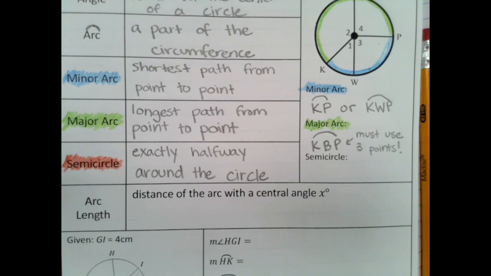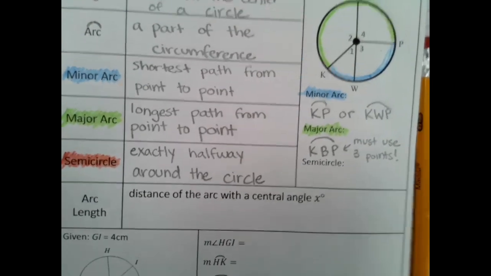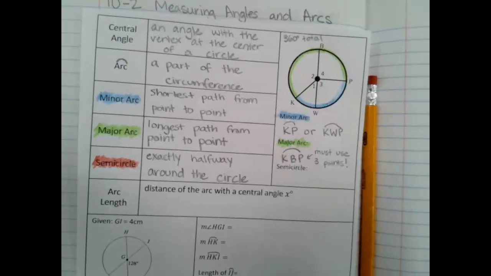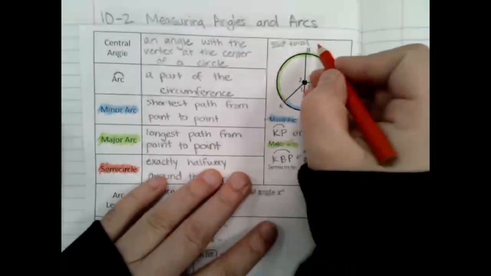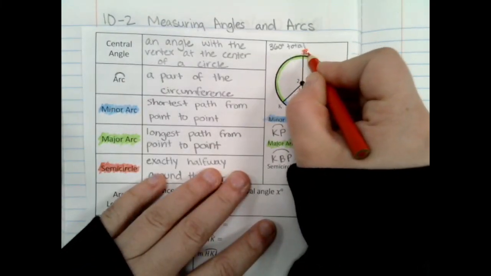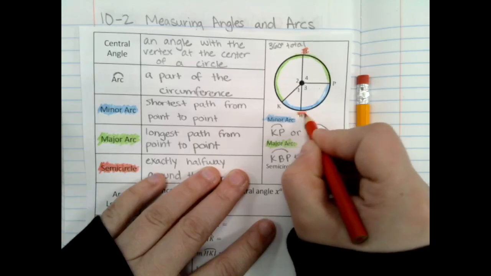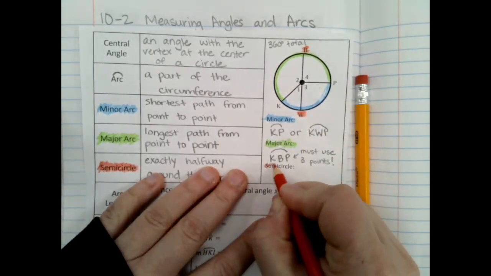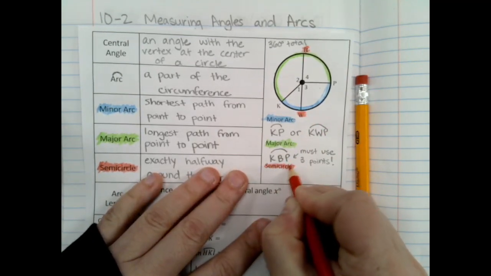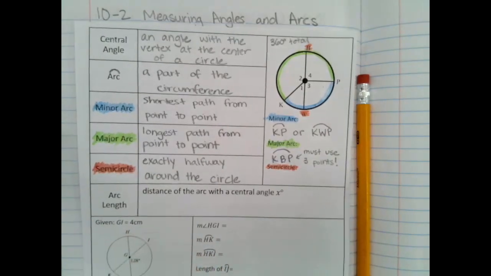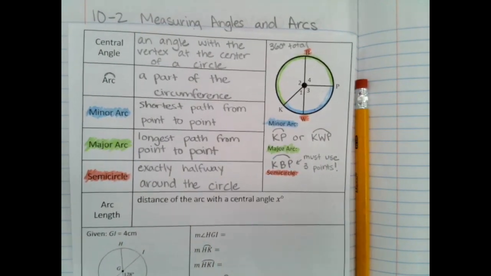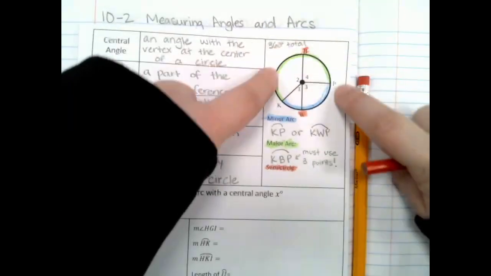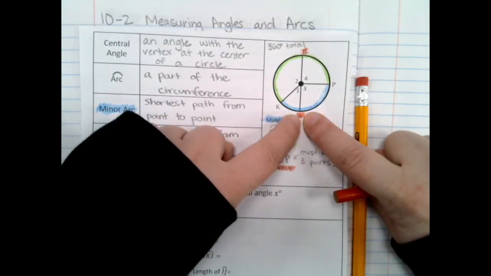All right, so as I take a look at my circle, what 2 points are exactly halfway across from each other? B and W. So for my semicircle, if I don't care which way you're running, because no matter what, if you start at B and you end at W, is it the same distance?